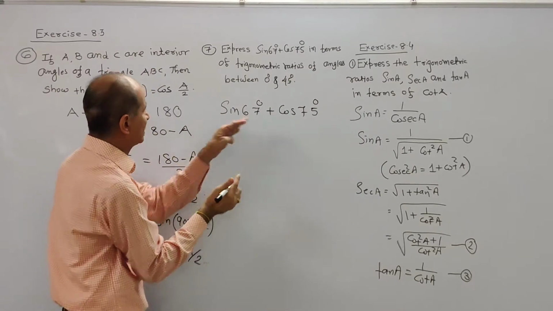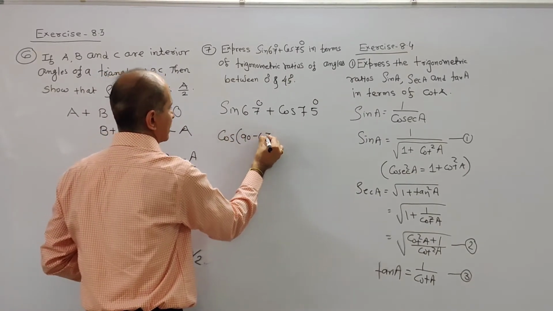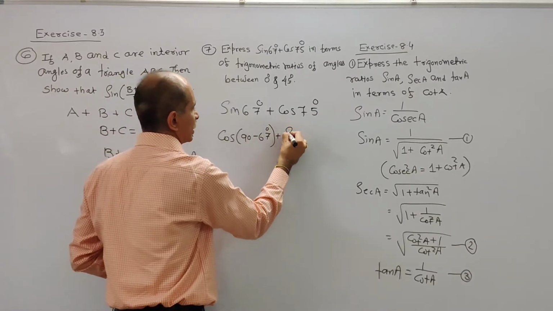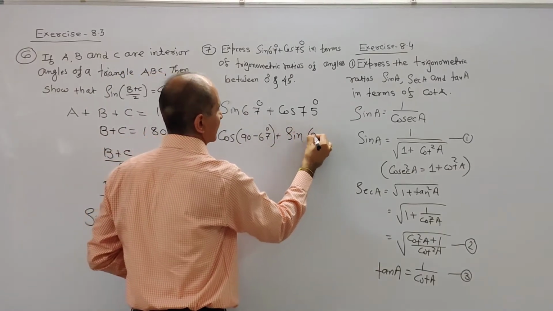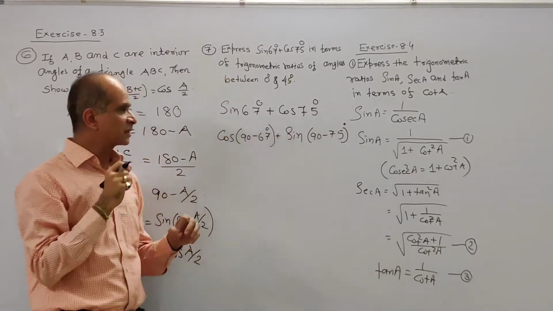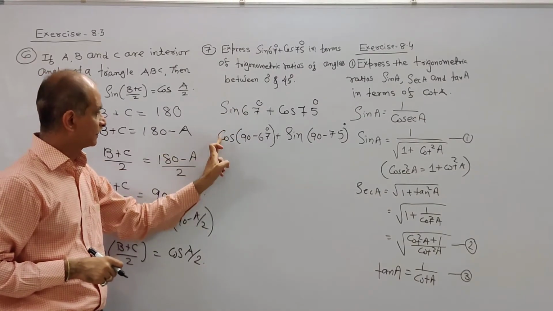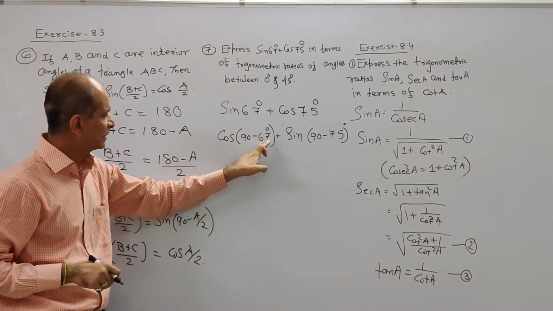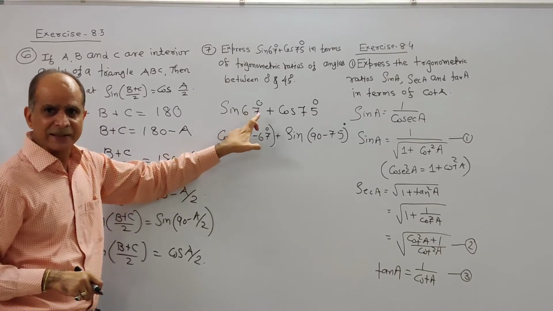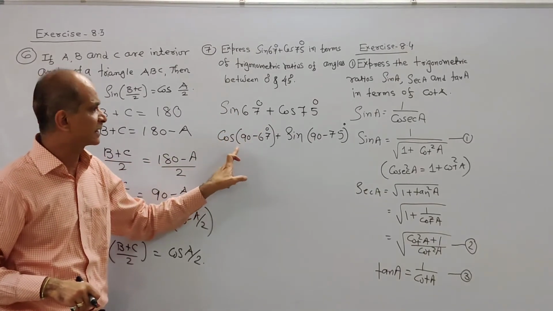Now you know sin theta is equal to cos (90 minus theta), and cos theta is equal to sin (90 minus theta). So sin 67 is equal to cos (90 minus 67).